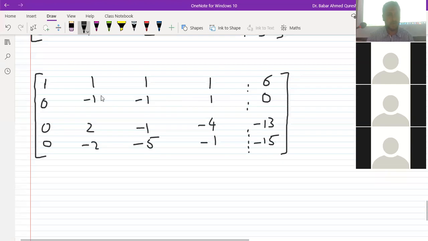Now, I'm going to take this as pivot. So this guy is the pivot now. And I'm going to multiply it with something and add it to this. I'm going to make a 0 over here. So all I have to do is multiply it by 2 and add to it.